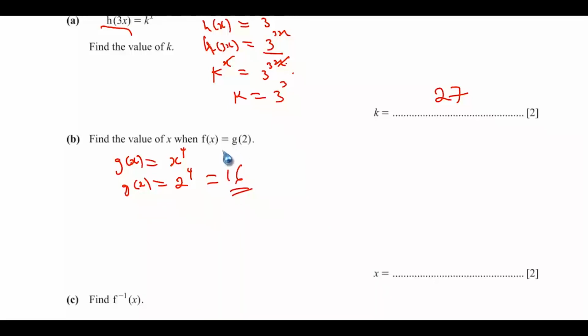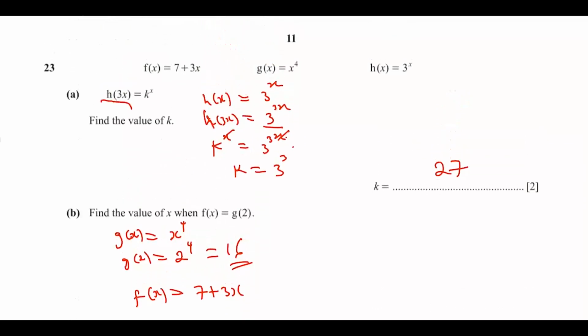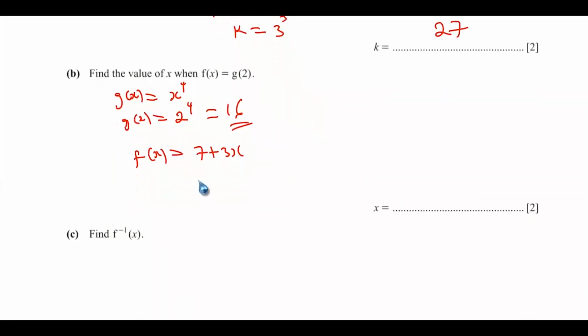Now g of 2 is equal to f of x. So f of x is giving us 7 plus 3x. So that means 7 plus 3x should be equal to 16. So we can say 7 plus 3x, that is f of x, equals g of 2, which is 16.